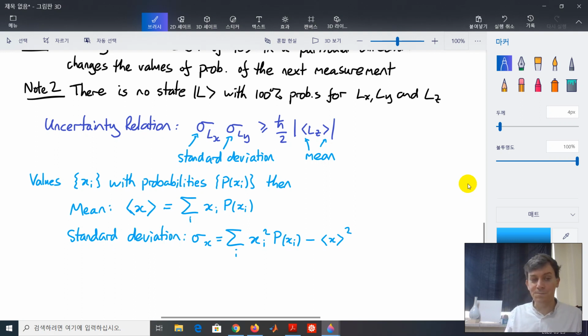So the mean is like the average value of this thing x. So here, this is the average value of Lz.